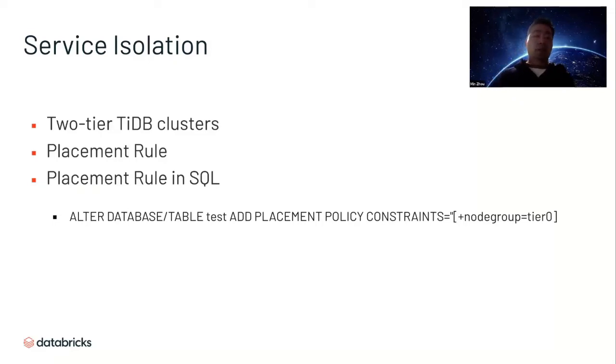The basic idea of placement rule is that inside the PD, the brain of TiDB, you can control the mapping between data chunks and data nodes, and then you can pin a set of data, for example a database, to a group of nodes, and this data occupies the nodes exclusively.